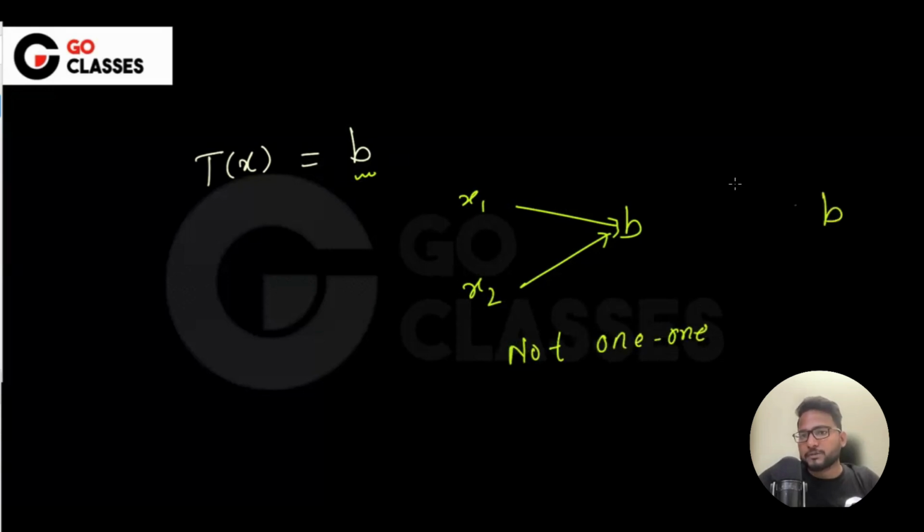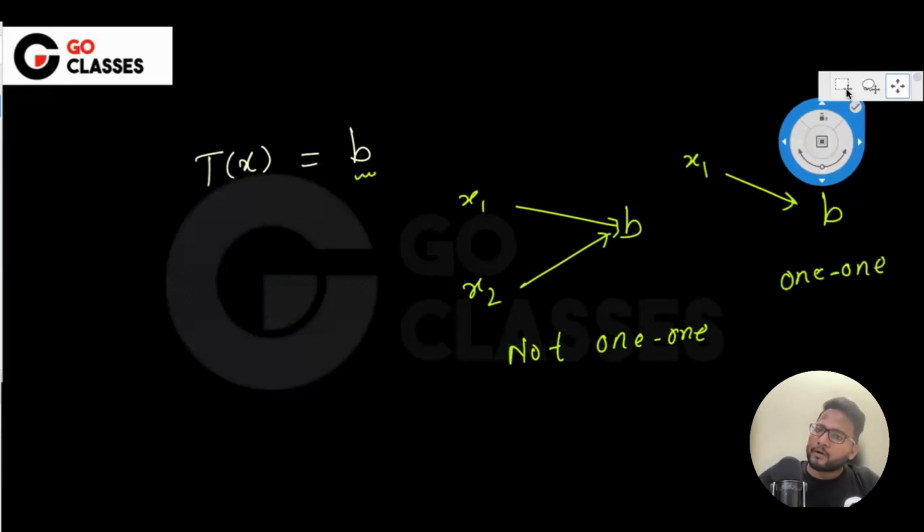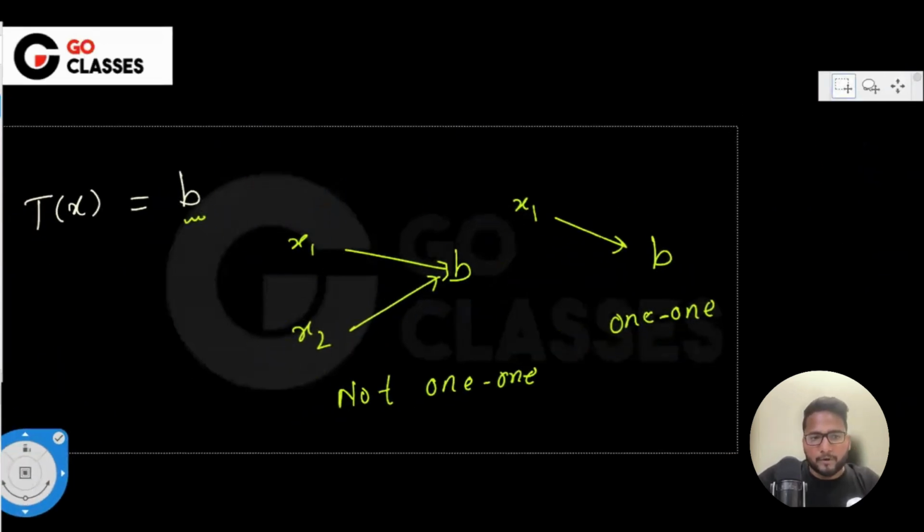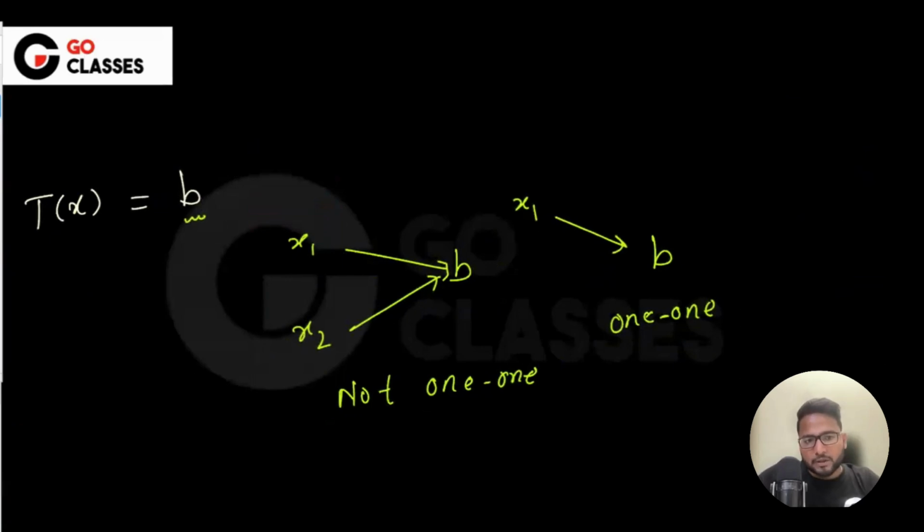If this is B, and only one x is mapping to it, then yes, this is one-to-one. If nothing is mapping to B, then also that's fine. I mean, one-to-one doesn't say that it should map to something, right? So if no x is mapping to B, then it is also one-to-one.